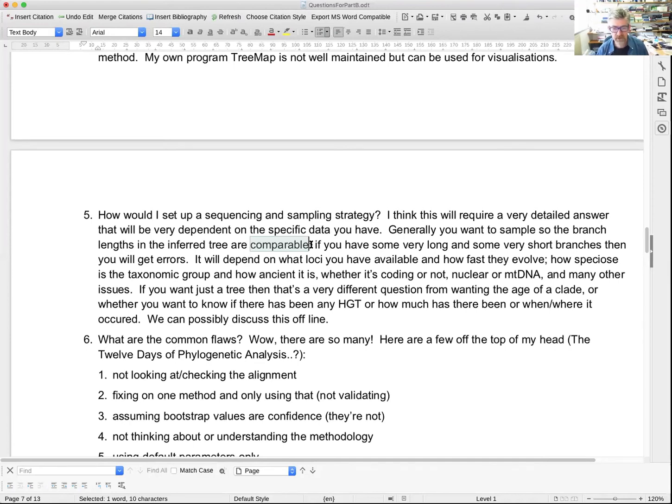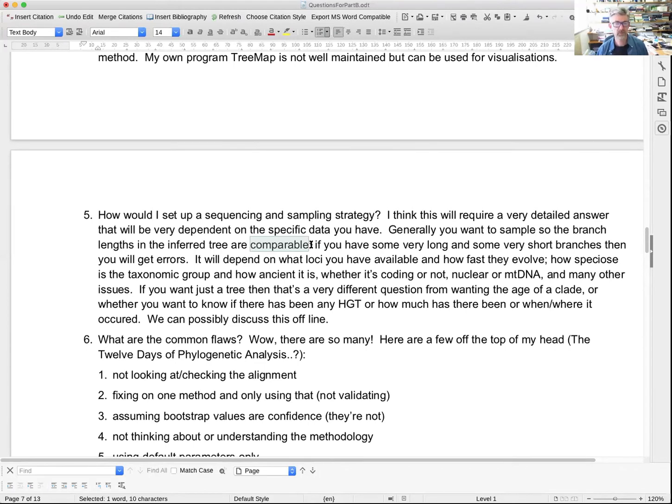Although, having said all that, you also might have some other constraints. You might be constrained depending on what sequencing you're doing. If you're doing amplicon sequencing, if you've got particular genes that you can sequence because you want to fit them in with existing analyses, like you've got 16S, you can get 18S, you've got CO1, then that will constrain what you can do.